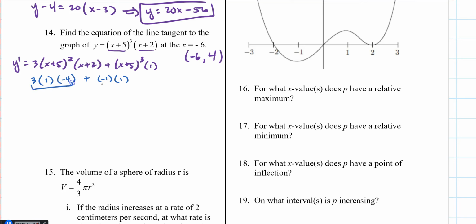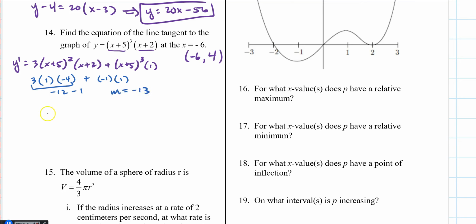And I get negative 12 minus 1, which gives me a slope of negative 13.